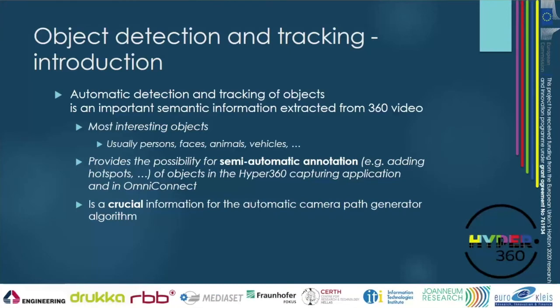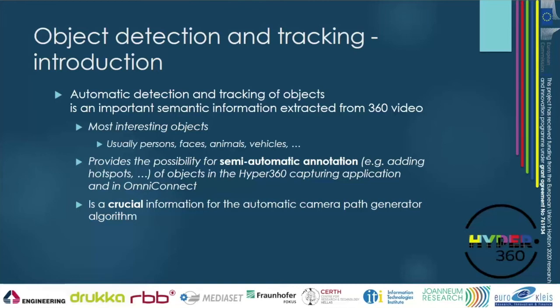Object detection and tracking: the automatic detection and tracking of all the objects in the scene is, of course, very valuable semantic information which you can extract from the 360 video. The objects one is usually interested in are persons, faces, animals, vehicles, and stuff like that.